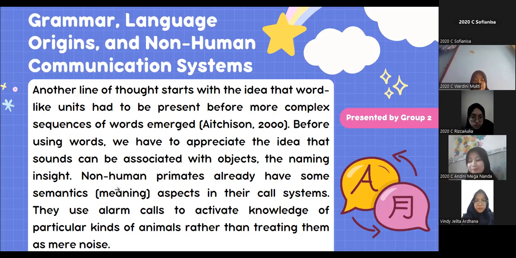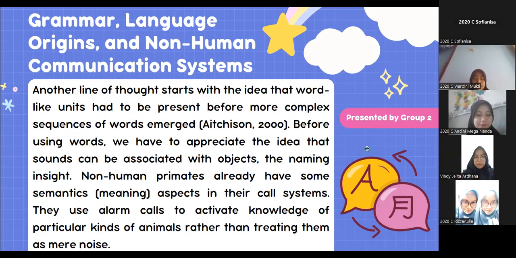Before using words, we have to appreciate the idea that sounds can be associated with objects, the naming insight. Non-human primates already have some semantics, or meaning, at stake in their call system. They use alarm calls to activate knowledge of particular kinds of animals rather than treating them as mere noise. Next slide, please.